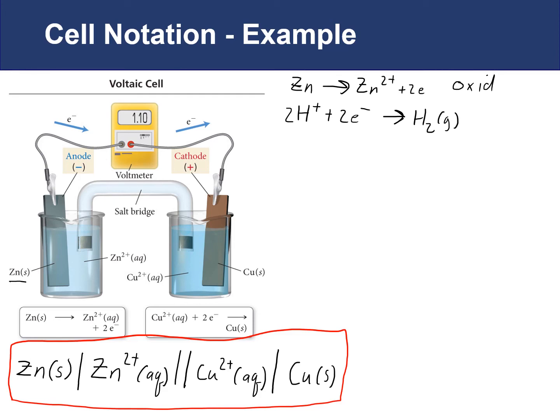Now the problem you run into here is neither the H+, the hydronium ions, nor the H2, the gas, can actually work as an electrode. This is where our reduction occurs. So we have to incorporate another wire, an inert electrode, to enable us to move the electrons into our setup.